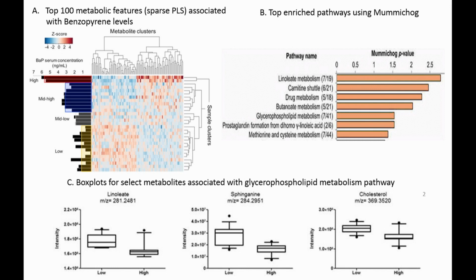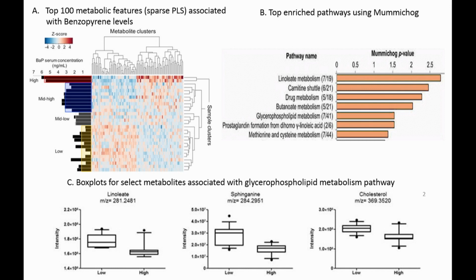In this cluster, the levels are lower in the samples with higher benzopyrene levels. And then these metabolites on this side have higher levels in subjects who have higher benzopyrene exposure levels.